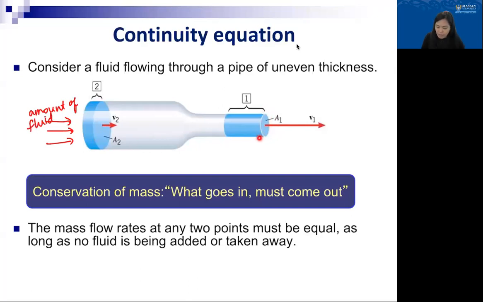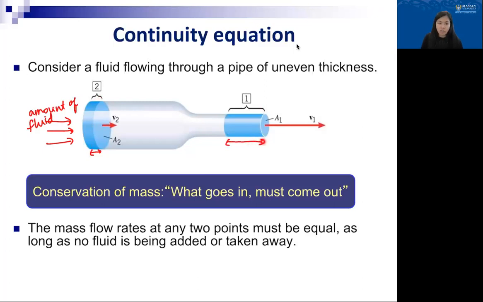What happens, as illustrated by this blue shading here, is that because you have a bigger cross-sectional area, the fluid can be distributed over that bigger cross-sectional area. But when the same amount of fluid encounters the smaller cross-sectional area, it is squeezed into it, and so it extends over a longer length.